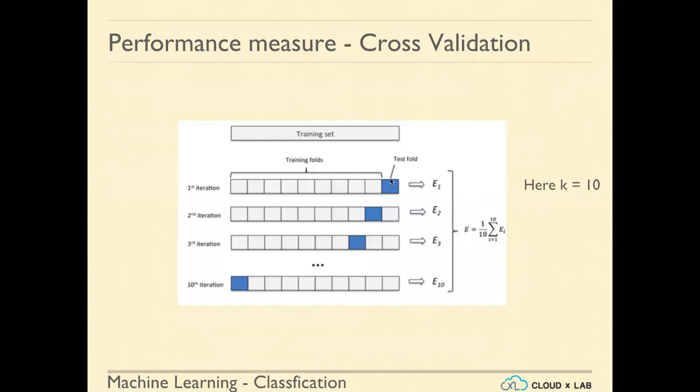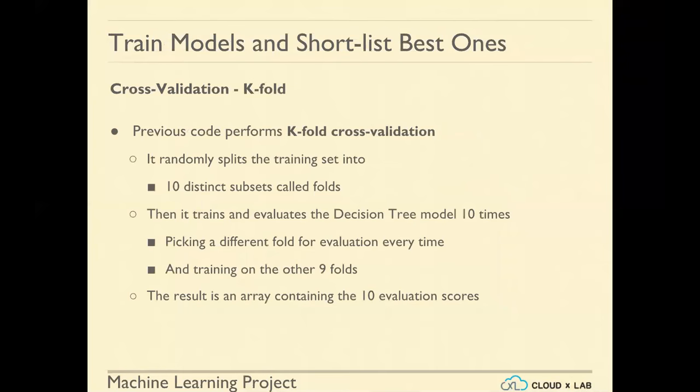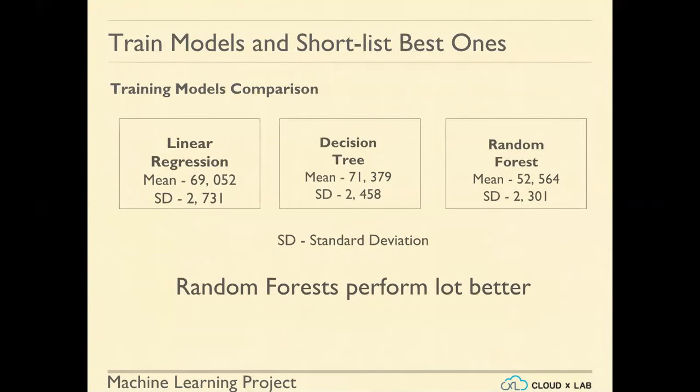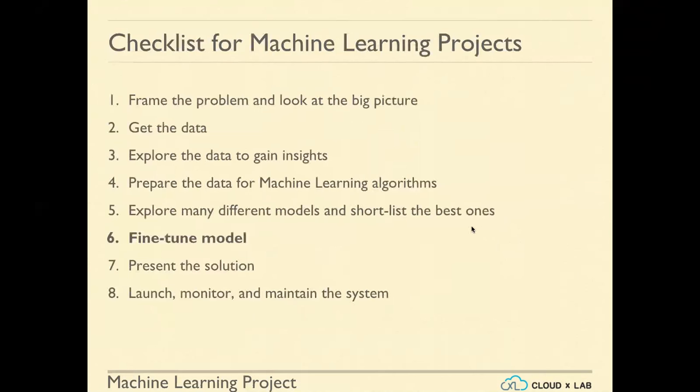We train on the rest of the parts and test on the first one, then the second one, then the third one. Using the k-fold cross-validation technique, we were able to compare the algorithms very well. We found that random forest performs far better because its root mean square error is the lowest, and it was also more precise because the standard deviation was smaller. This is what we learned till the last time.